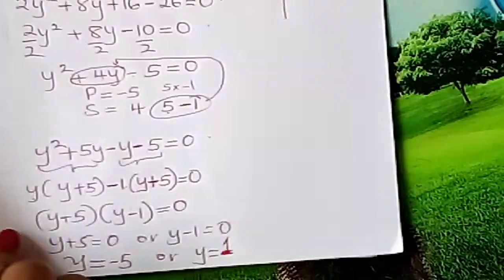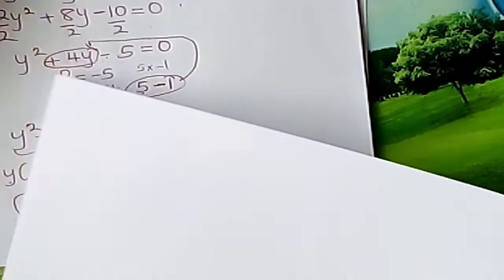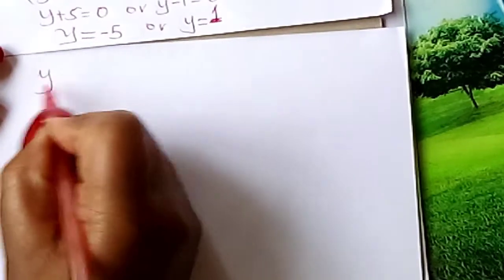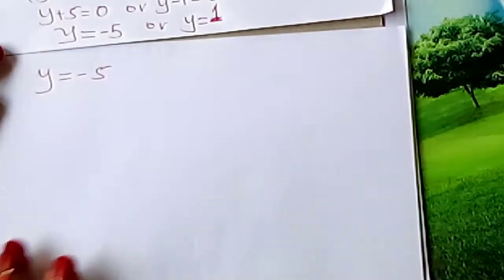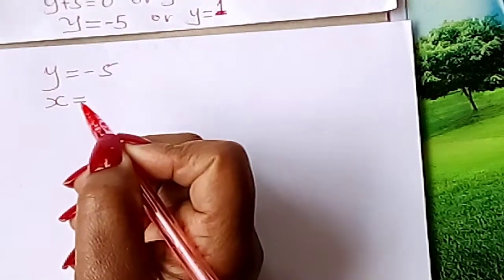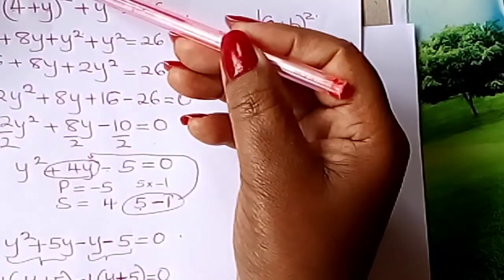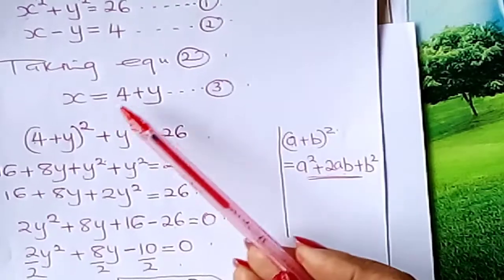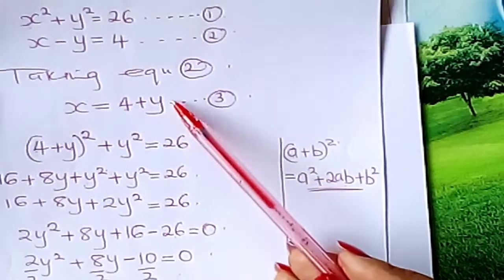Now, when your y is like that, those are your y's, how do we get our x? How do you get your x? You come and see when y is negative 5, what is x? From our equation 2, or you can pick any other equation here, x is 4 plus y.